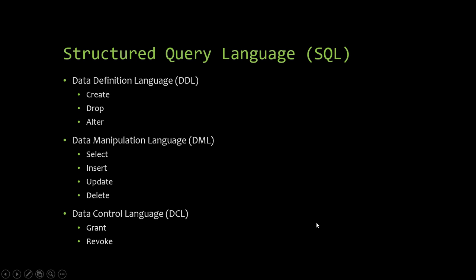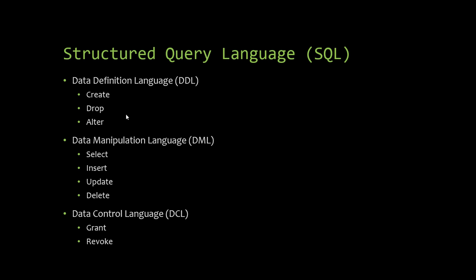Okay, so how do you use this concept? By using a language called Structured Query Language, also known as SQL or sequel. It really doesn't matter how you say it. It's really the same thing. There are 3 different kinds of SQL: data definition language, data manipulation language, and data control language.